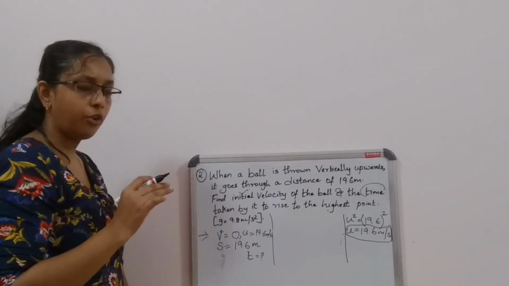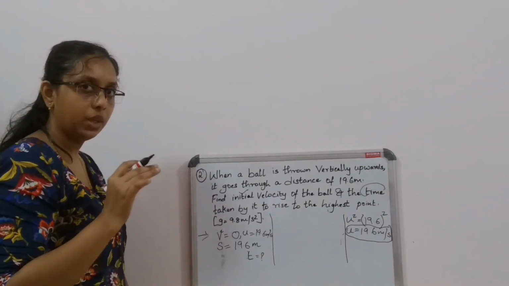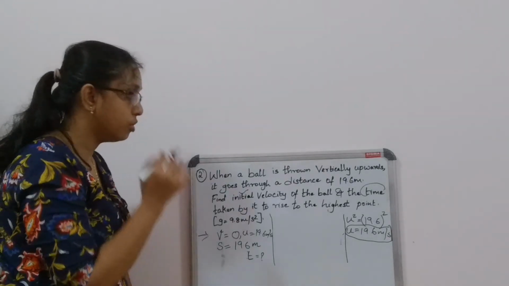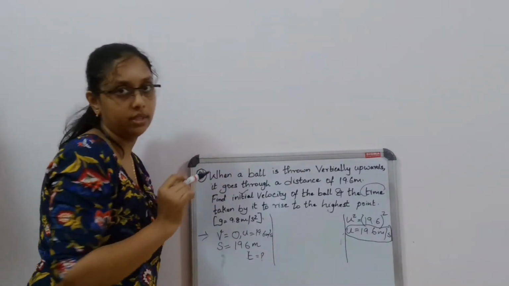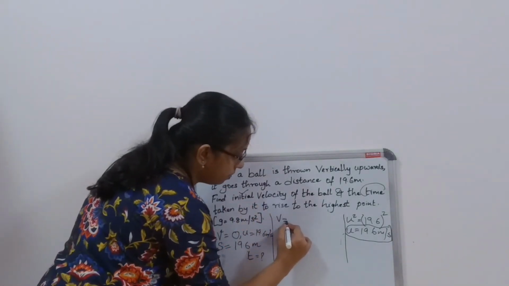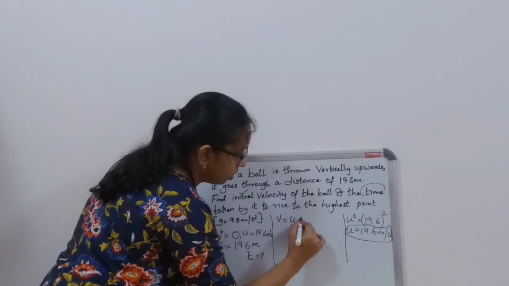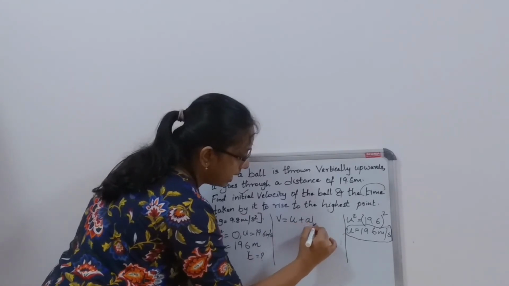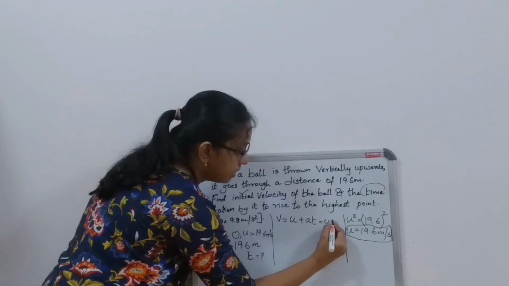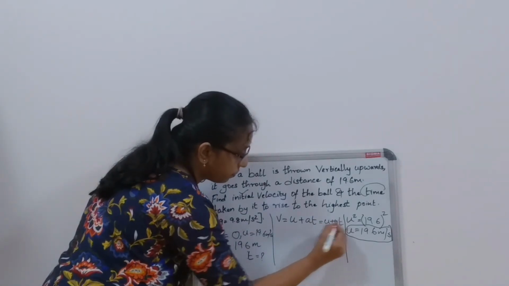The simple formula from the equation of motion to find out the time taken by the ball to reach the highest point. So simple equation, v is equal to u plus at. Because of the retardation, we will write it as u plus gt.